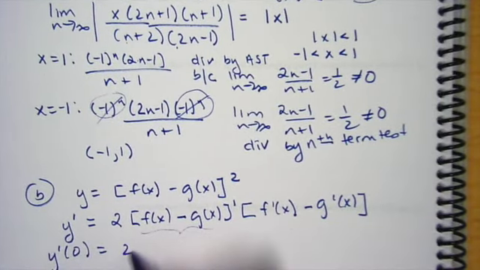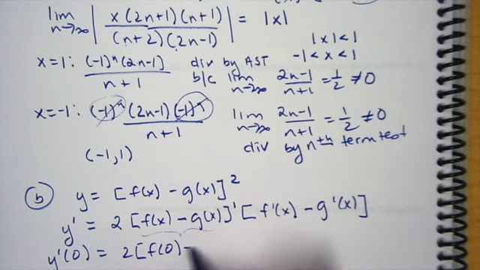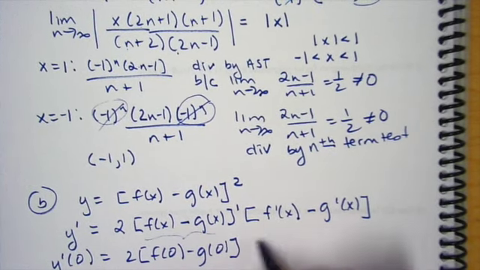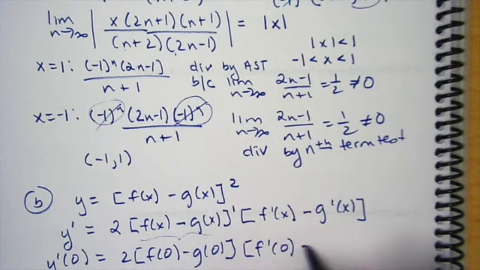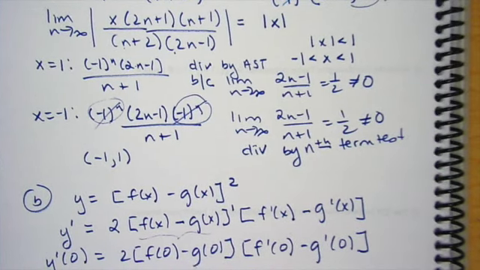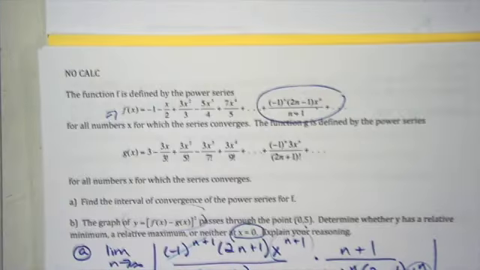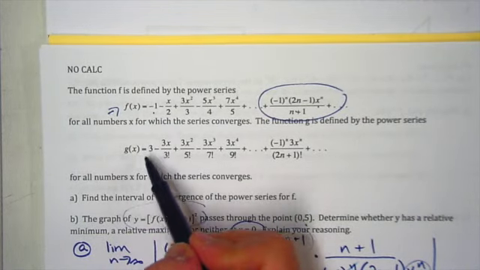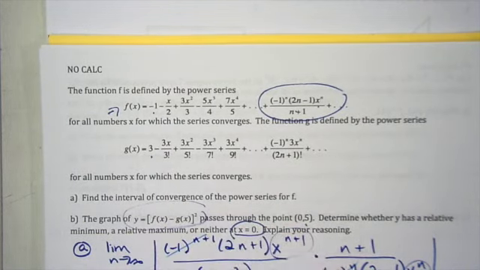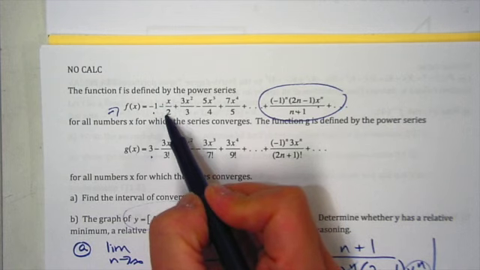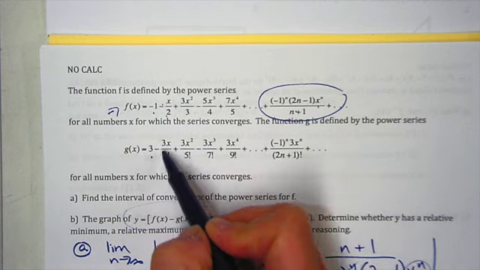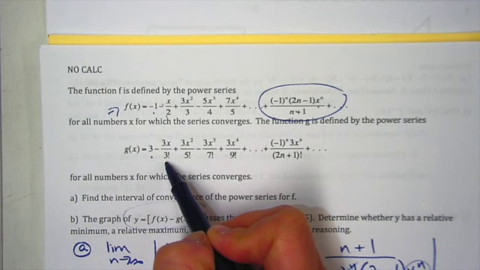So I need to figure out what happens at 0. I'm just going to plug in 0 for x. Now all of these values, f of 0 is -1, g of 0 is 3. F prime of 0 is -1/2, g prime of 0 is here, -3 over 3 factorial, which is -1/2.